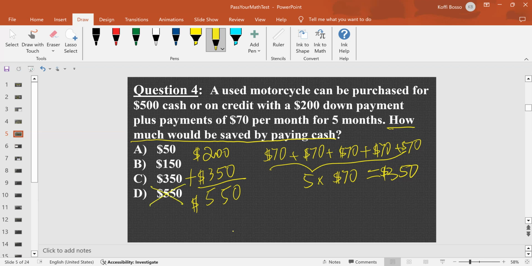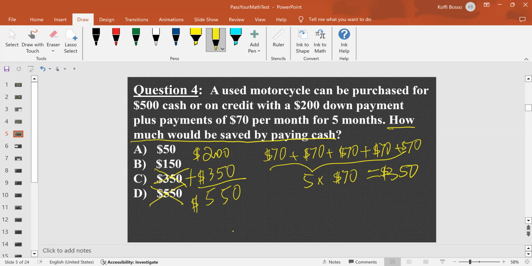You'll not save 550. You'll pay 550 if you use credit. Now, 350 also is not the answer to this question. 350 is what you get when you pay 70 per month for 5 months. But they put that in the answers to confuse you.